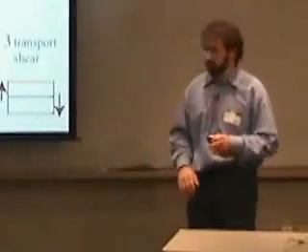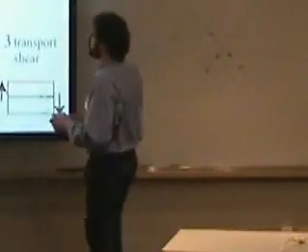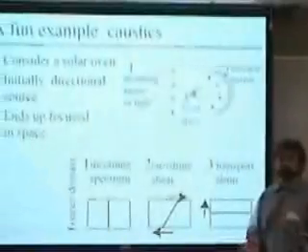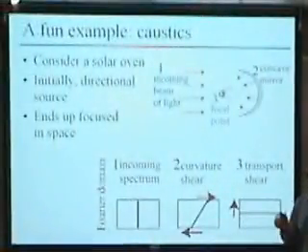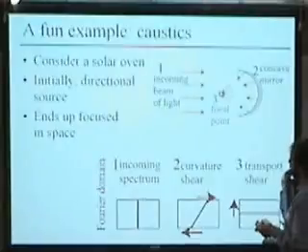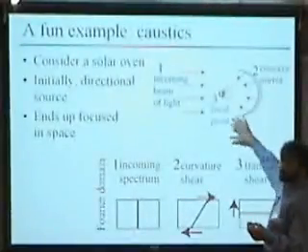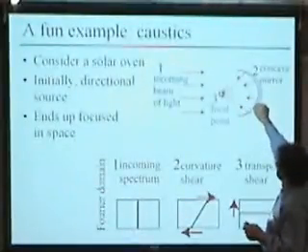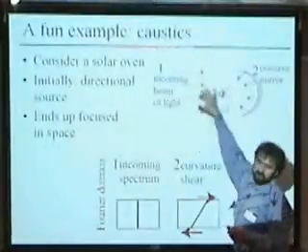And so just a quick, fun, simplistic example to illustrate how those two shears, the transport and the curvature shear, might interact in a very simple scene. Let's say we have a solar oven, and we've got sunlight coming as a parallel beam of rays that gets reflected on a concave mirror and focused on a single point where you can bake whatever you want.